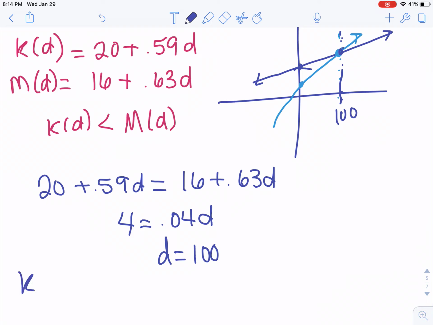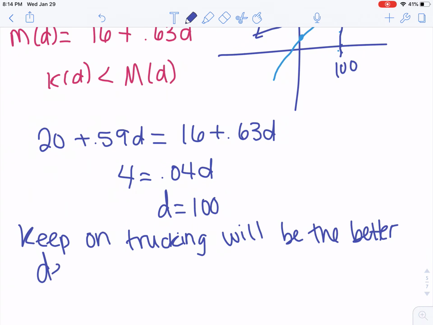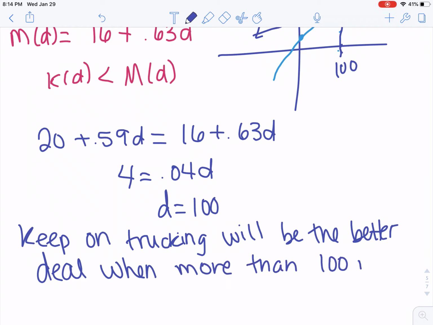Keep On Trucking will be the better deal when more than 100 miles are driven. So when D is bigger than 100.